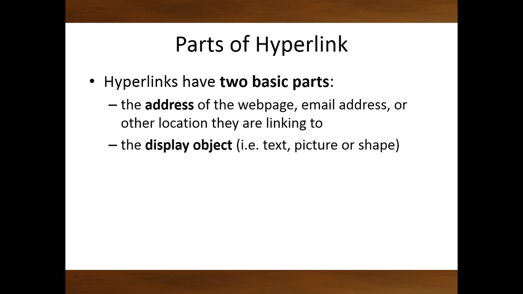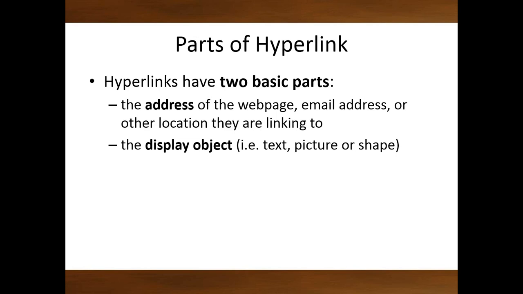So here we are looking at the URL that will be triggered when we select the hyperlink, the pathway for us to access that website or that email or that object. That is the address.